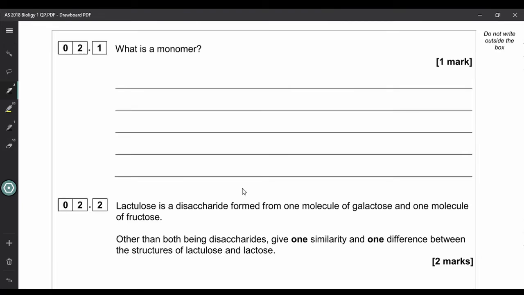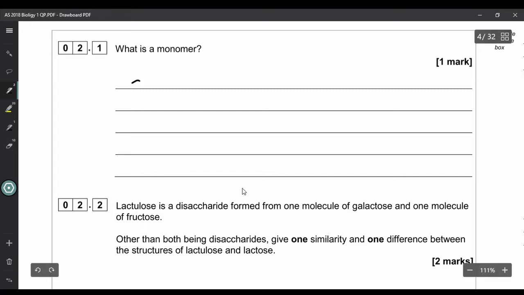Question 2. What is a monomer? So some students put for this about building blocks. So we want to be a bit more precise at A level about our definitions. So even though it's only worth 1 mark, there's 2 bits that this answer requires.